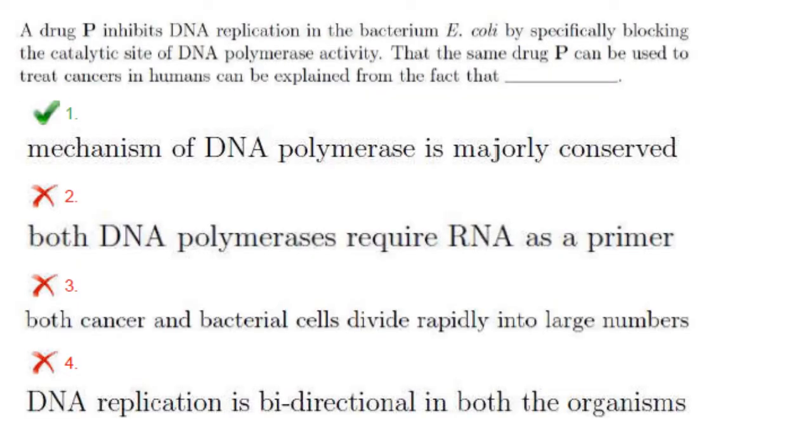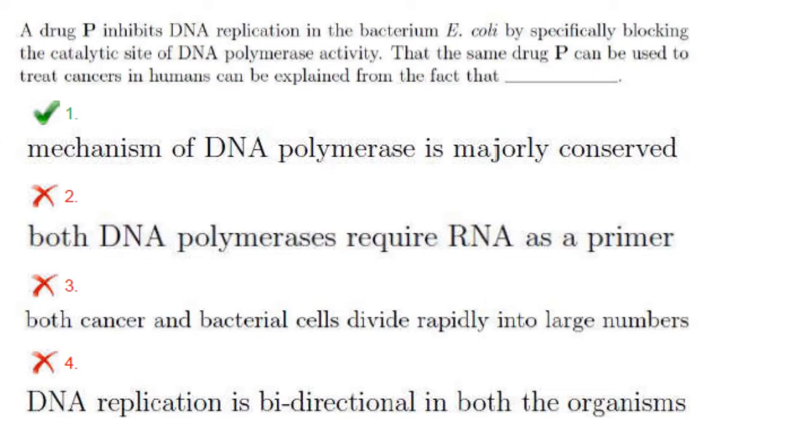Next one, a drug P inhibits DNA replication in the bacterium E. coli by specifically blocking the catalytic site of DNA polymerase activity. That the same drug P can be used to treat cancers in humans can be explained from the fact that the mechanism of DNA polymerase is majorly conserved.